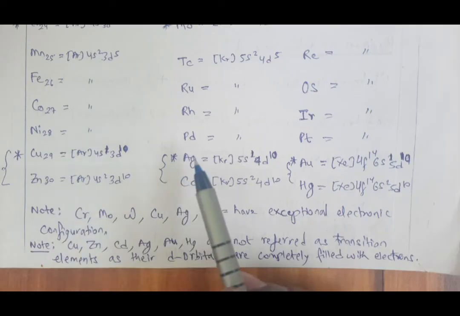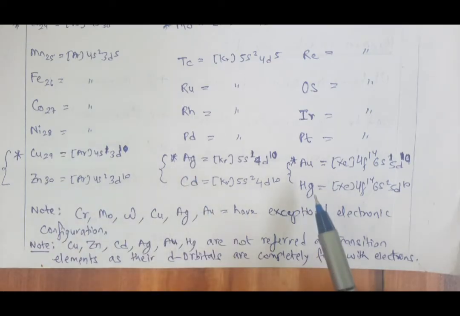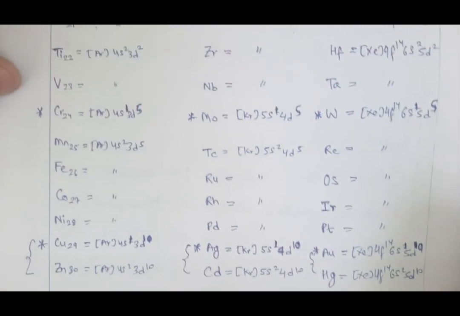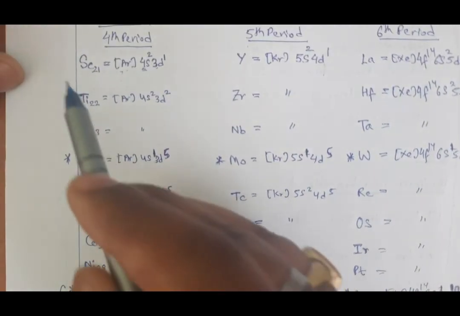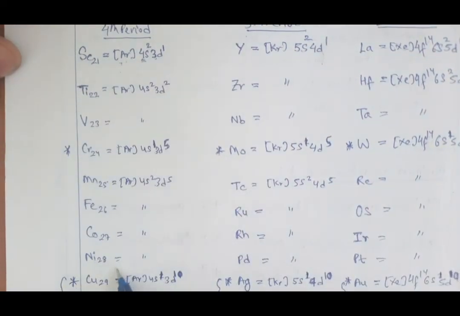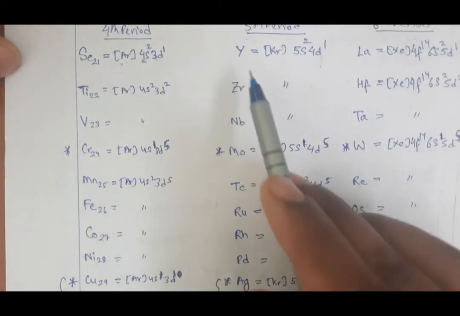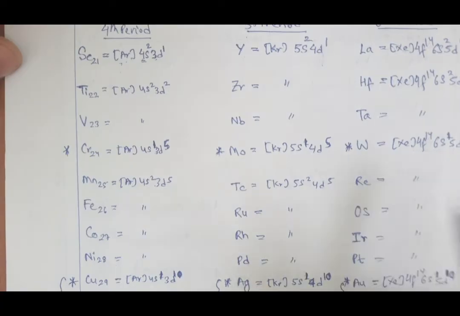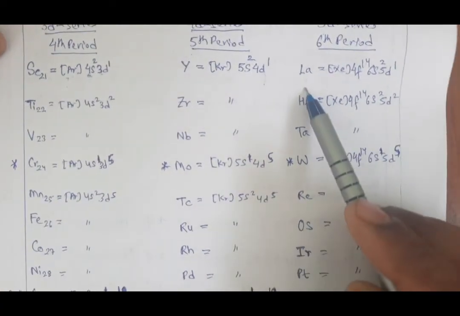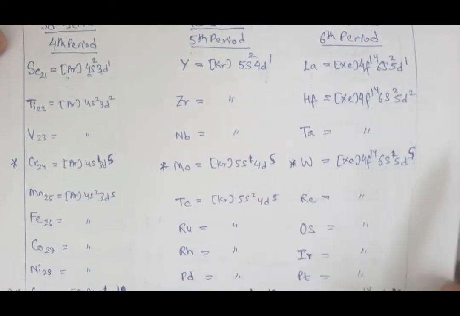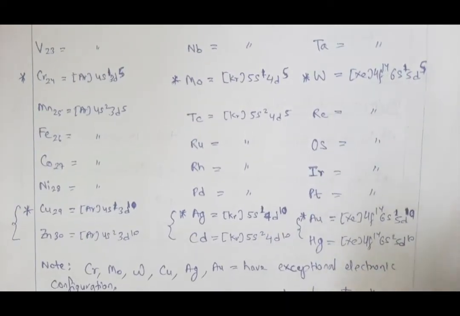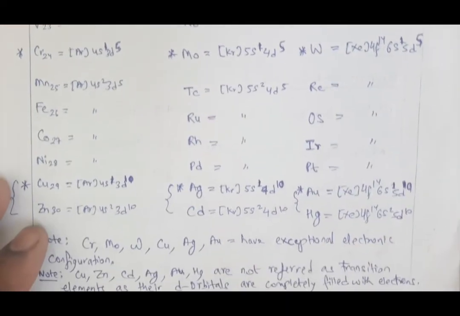So copper, zinc, cadmium, silver, gold and mercury are not referred to as transition elements because their d orbital is completely filled with electrons. So who are the transition elements here? Scandium till nickel is transition, yttrium till palladium is transition, and here lanthanum till platinum are transition elements, but the bottom two are not because their d orbital is completely filled with electrons.